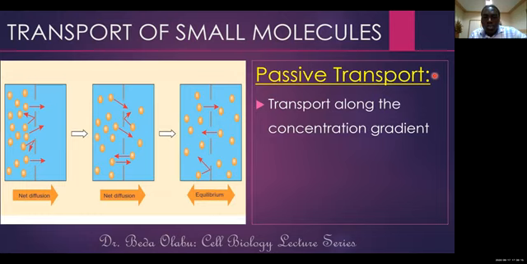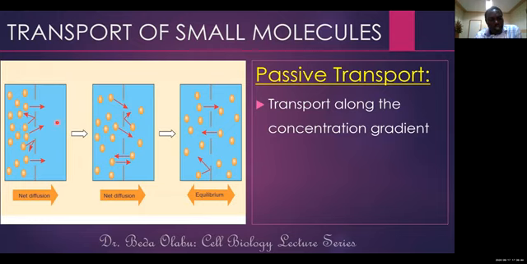This is to mean that the molecule is moving from a region where it is highly concentrated, where that particular molecule has a higher concentration, to a region where that particular molecule has a lower concentration. So it will be moving along its concentration gradient. For example, here, this particular molecule in question is more on this side compared to this side.